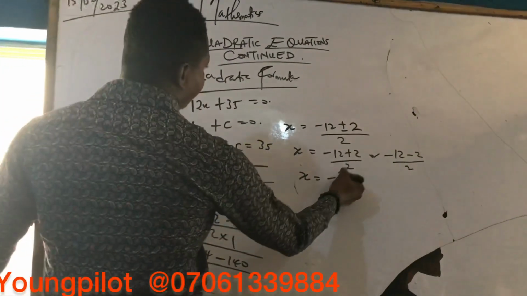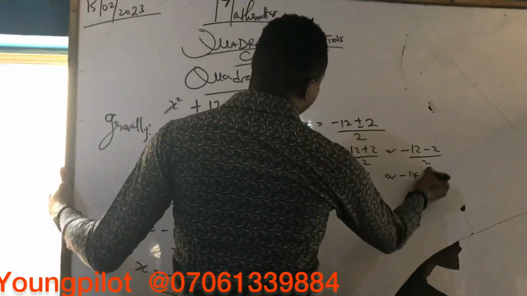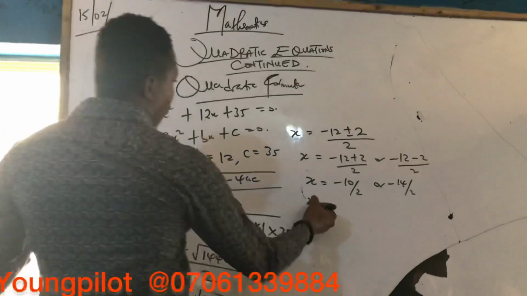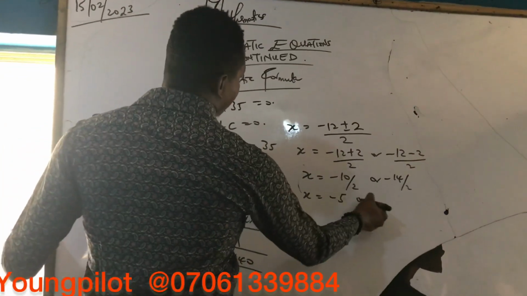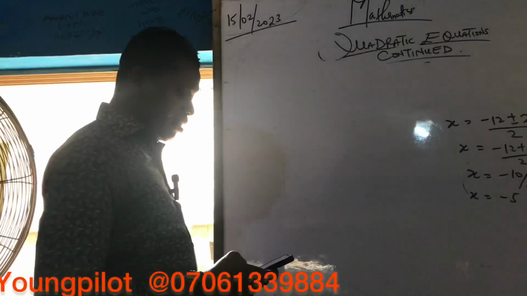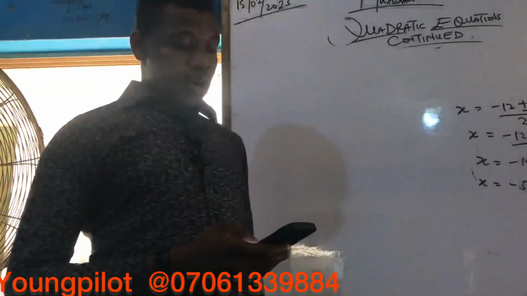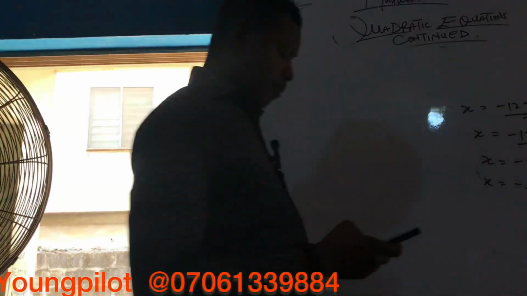So x equals minus 10 over 2, or minus 14 over 2. So x equals minus 5 or minus 7.